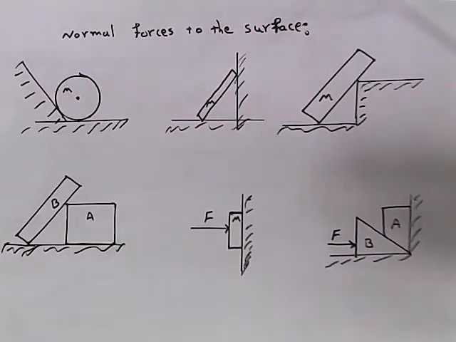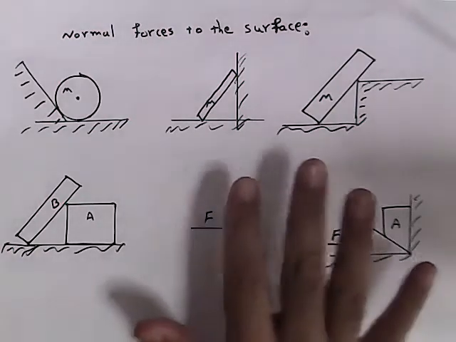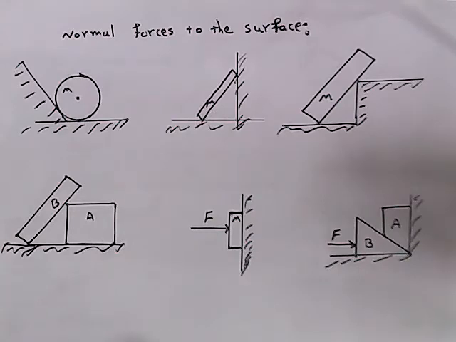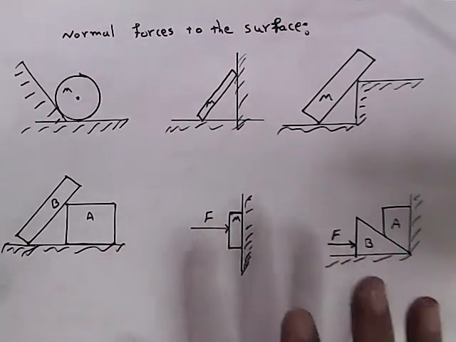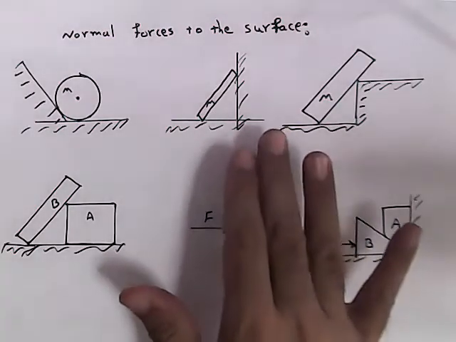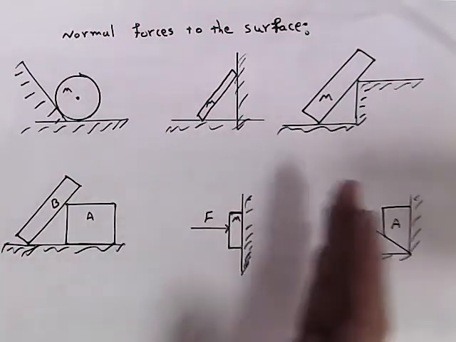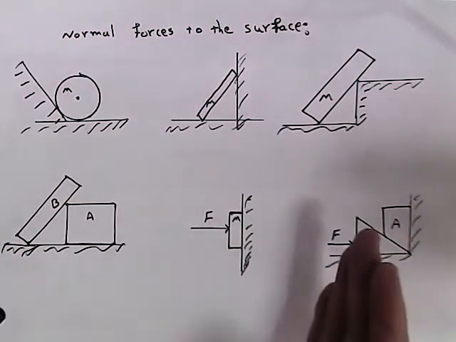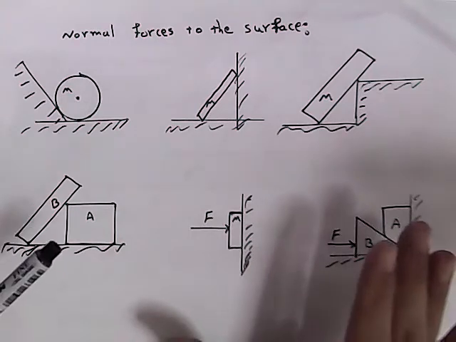Hello everybody. Continuing our discussion on Newtonian systems, here I put some examples of special cases where you have objects sitting next to surfaces and you want to draw the force.